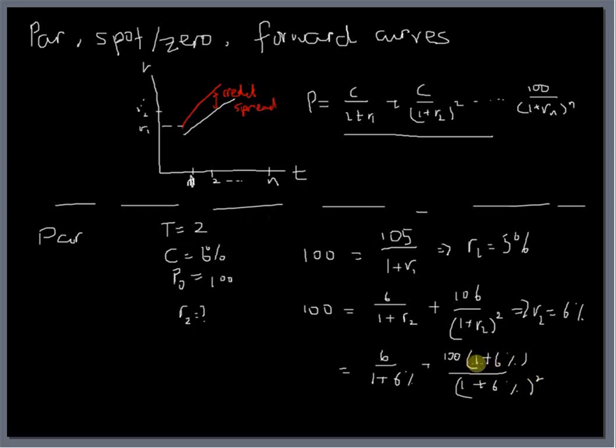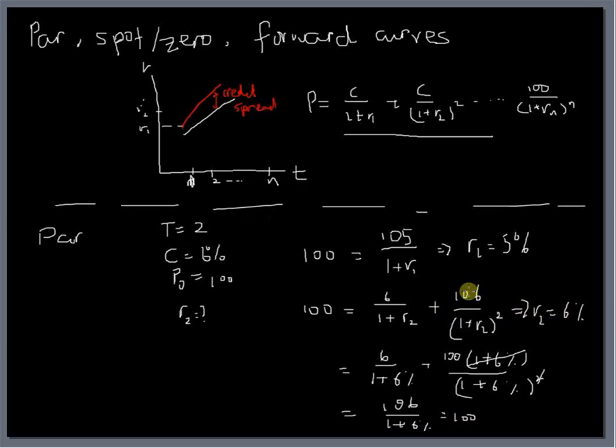Okay, so these two terms cancel out, and this will become 106 over 1 plus 6%, which is 100. This proves that 6% is the correct answer. You can also expand this whole equation, but I'm not going to do that.